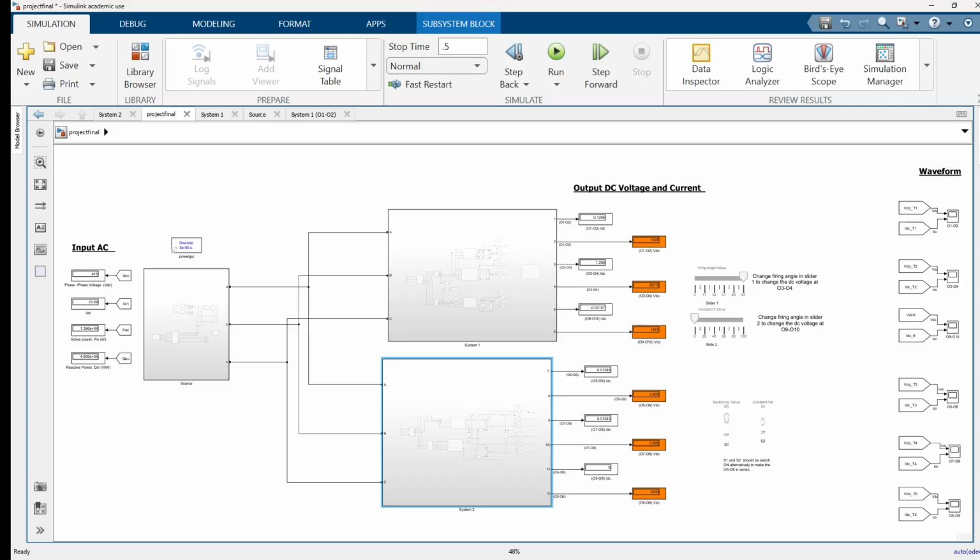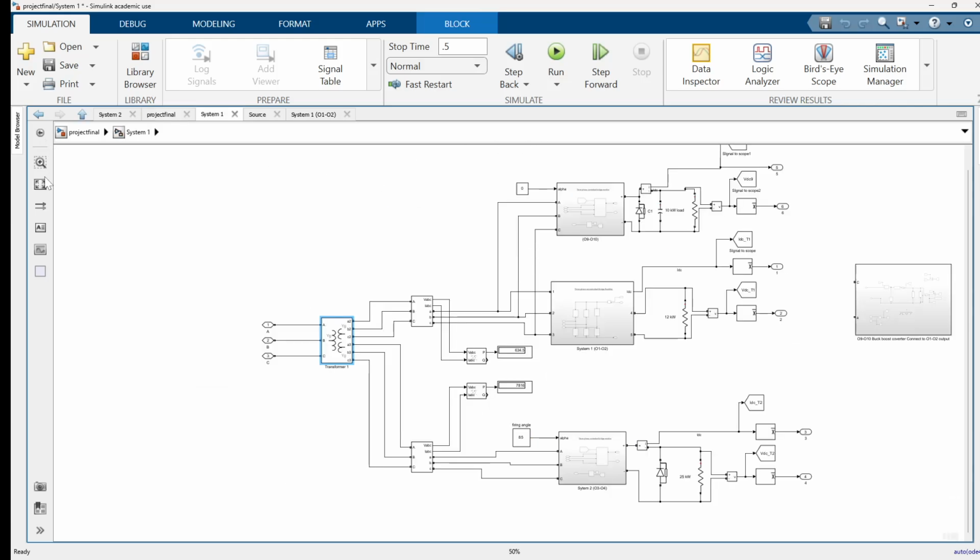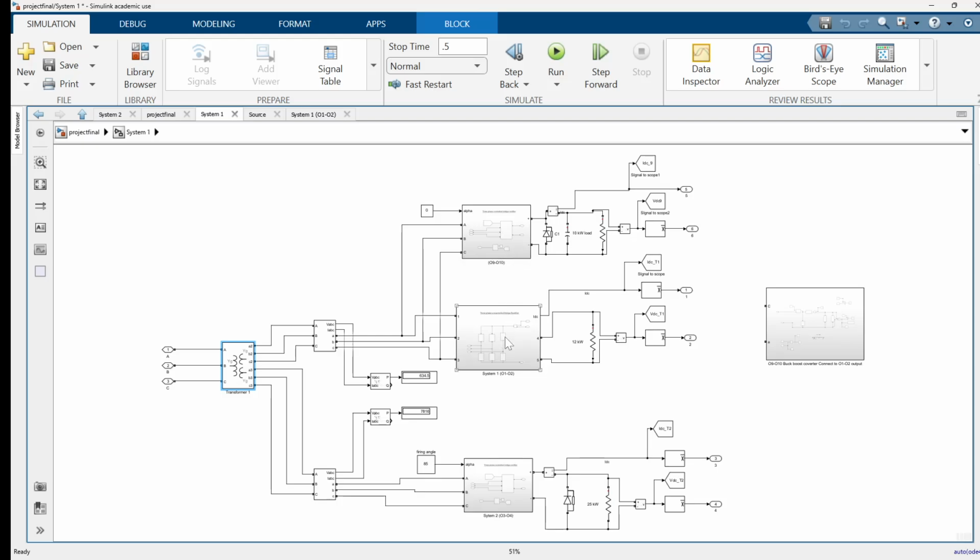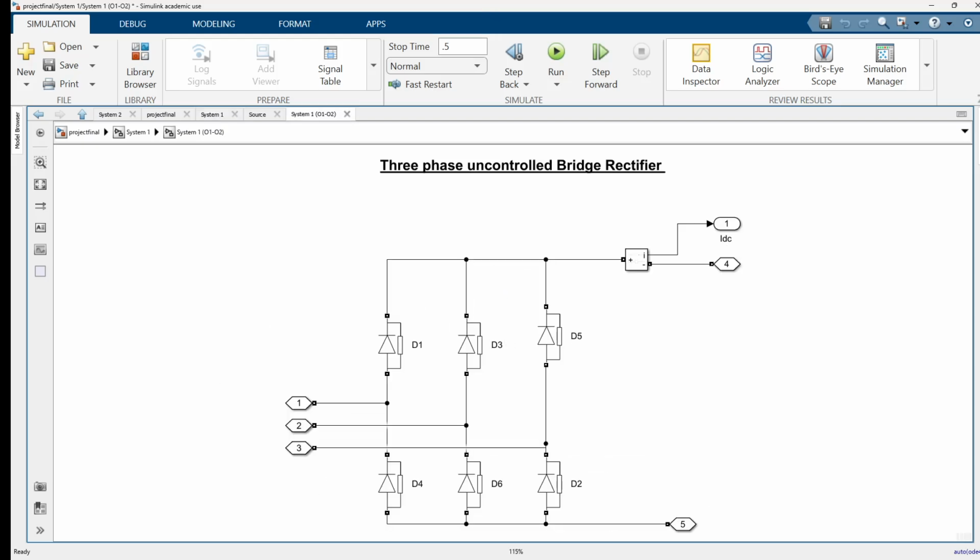Let's move on to the rectifier topology. For the rectification, the first rectifier for the system 1 is a 3-phase uncontrolled bridge rectifier with 6 diodes connected something like this.